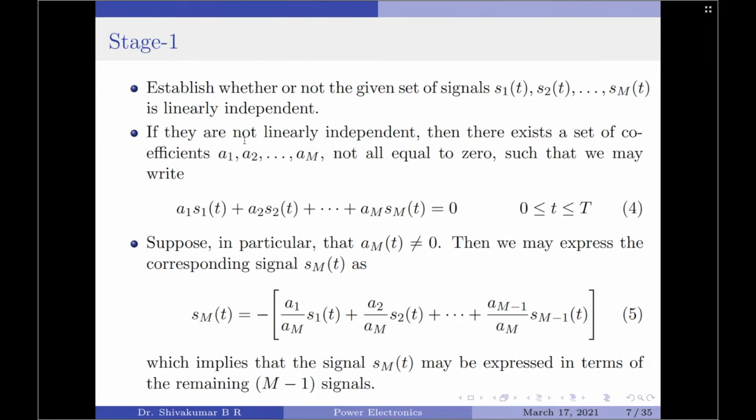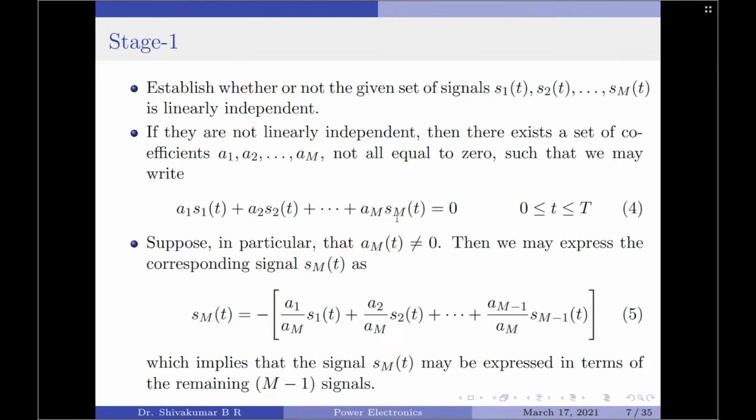If they are not linearly independent, then there exists a set of coefficients represented by a1, a2, etc., till am, not all of them equal to 0, such that it is possible to relate the coefficients and the signals using the equation as shown in equation 4 here. That is, a1 into s1 of t plus a2 into s2 of t, etc., am into sm of t equals 0, applied over the condition t varying between 0 to capital T.